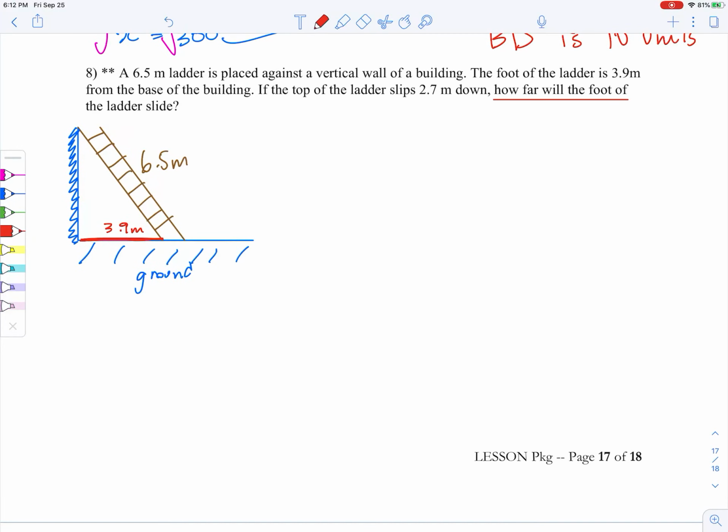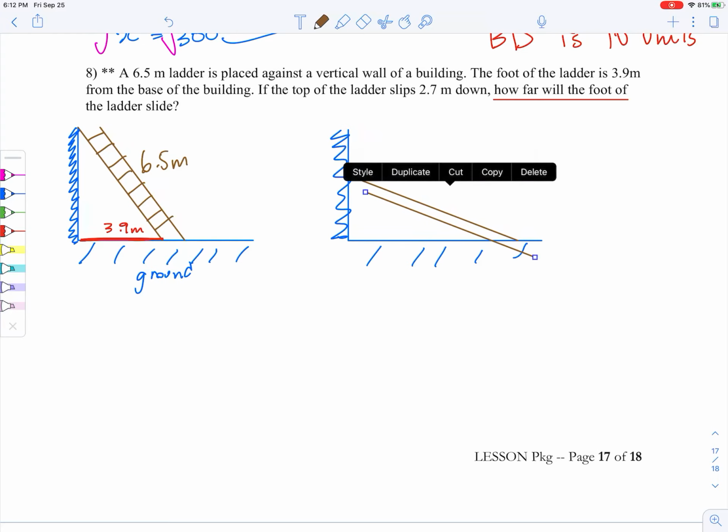So they're telling us that in the second picture, we had the ground, we had the wall, and our ladder is now fallen down. How far did it fall down? It told us the top of the ladder slips 2.7 meters down.